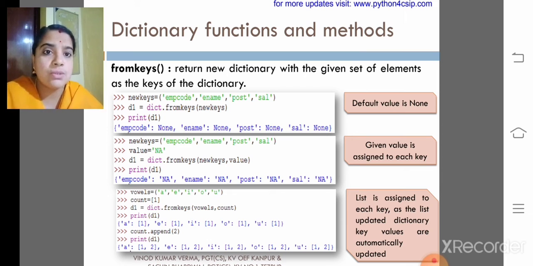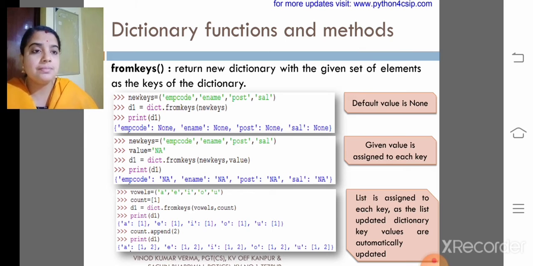Then with the value NA, if you give vowels, then count, the given value is assigned to each entry, NA. Then fromkeys with values and count, each and every value will be 1, and append 2, so it is appended with the 2.